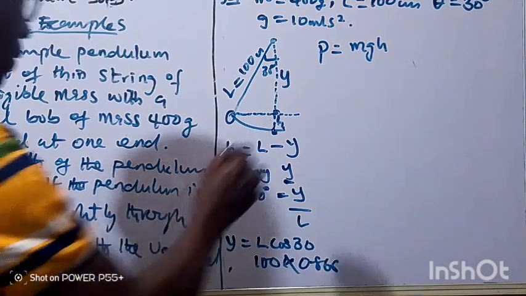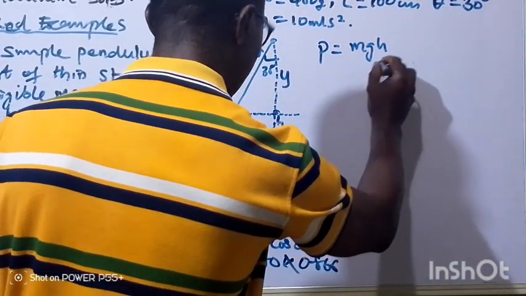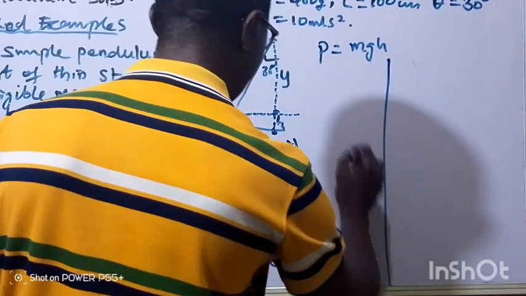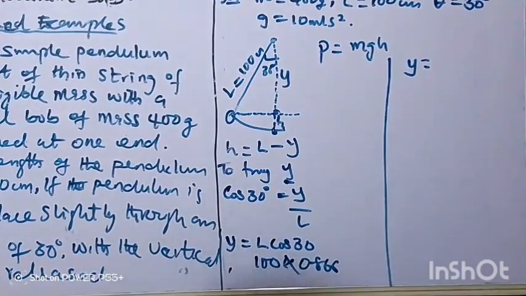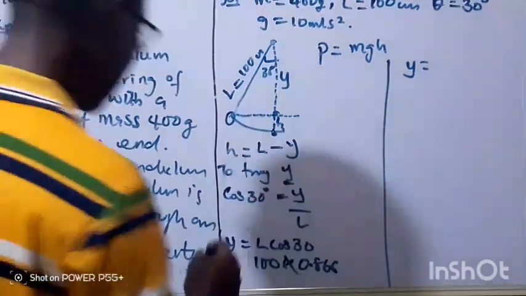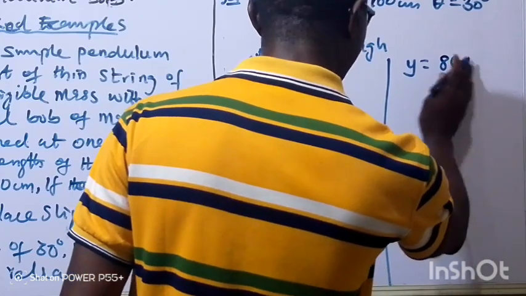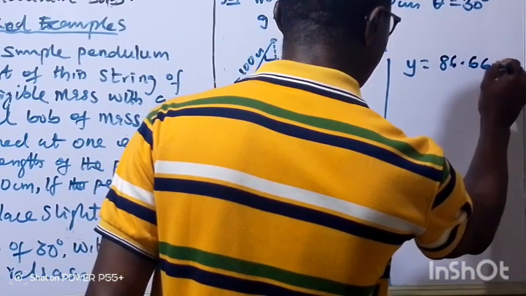So our y will be equal to 100 multiplied by 0.866, which is 86.6 centimeters.